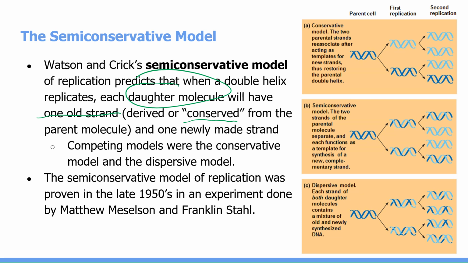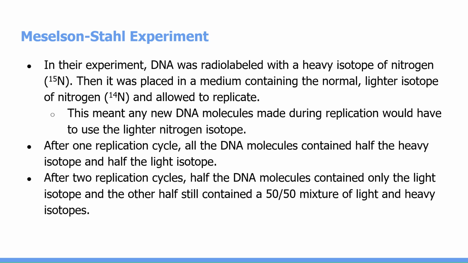There were competing models, the conservative model and the dispersive model, and in the end, Meselson and Stahl won out with their experiment. In their experiment, DNA was radiolabeled with a heavy isotope of nitrogen, nitrogen 15. It was placed in a medium containing the normal lighter isotope, nitrogen 14, and allowed to replicate.